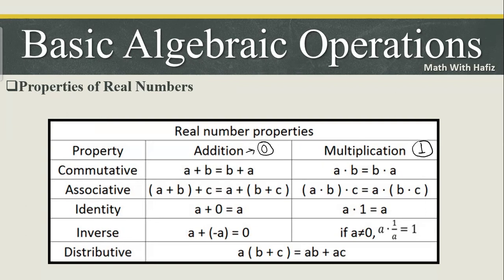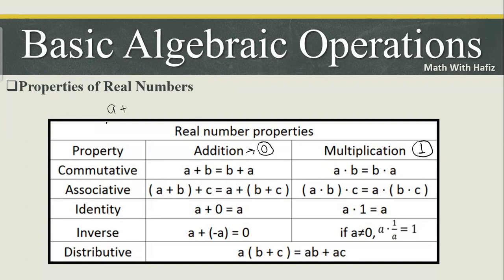Identity means a number such that if you apply the same operator with it, it should not affect the other number. It means if 0 is an additive identity, if I add 0 to any number, actually 0 can be a subtractive identity too if you are subtracting 0 from a number.